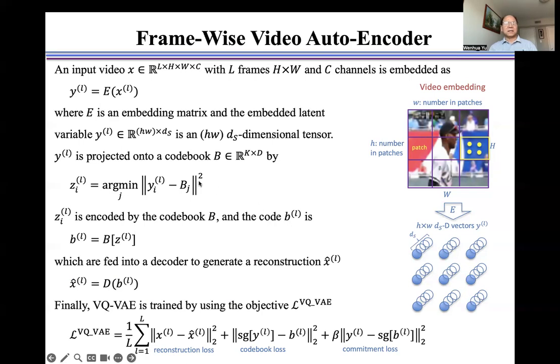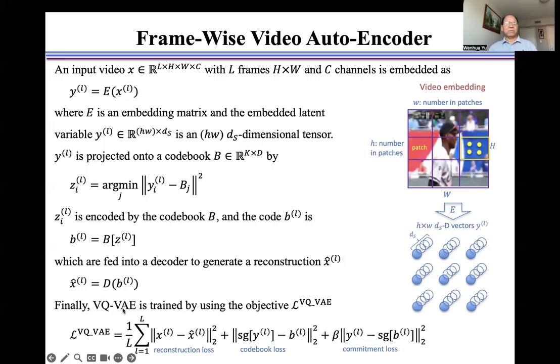YL is projected onto a codebook B by using this argmin. ZI is encoded by the codebook B, and the code B is computed by using this equation, which are fed into a decoder to generate a reconstruction X caret as shown here.